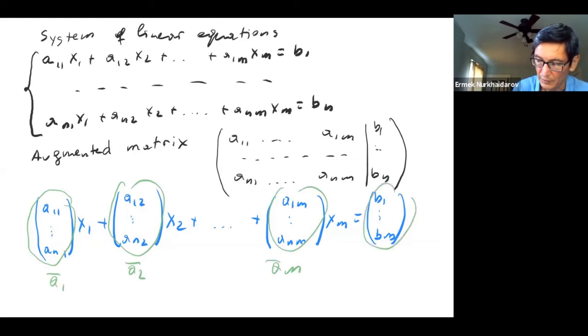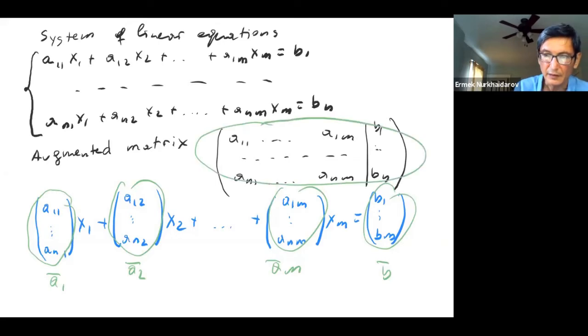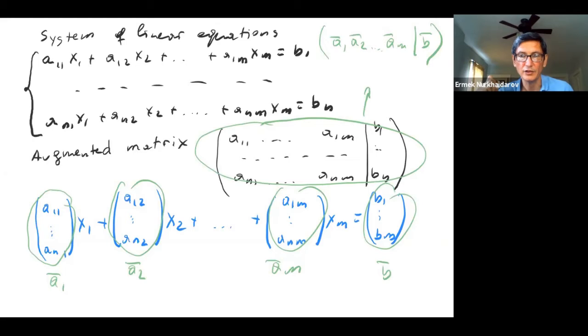And this one is b bar. And the corresponding augmented matrix is going to look like a1 bar, a2 bar, and so on till we hit am bar, and then b bar. Does that make sense? Okay with that notation?